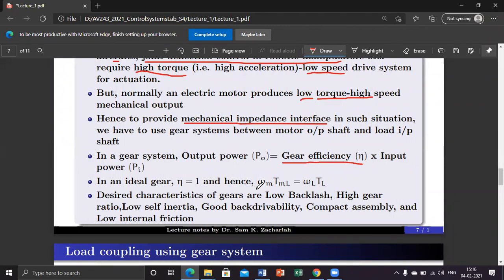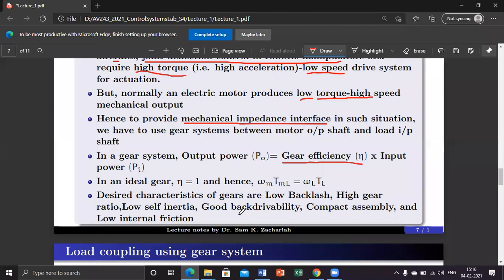So everything we cannot get from a single component. We have to go for a trade-off between different choices. We will assume for the time being that there is an ideal gear, that is, eta, gear efficiency, is equal to 1, so that omega m into TML is equal to omega L into TL, where omega L, TL are the load angular velocity and load torque, and omega m, Tm, omega m is the motor angular velocity, and TML is the motor torque which is transmitted to the load side.